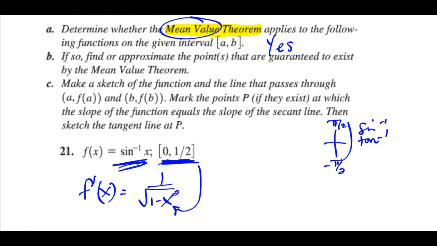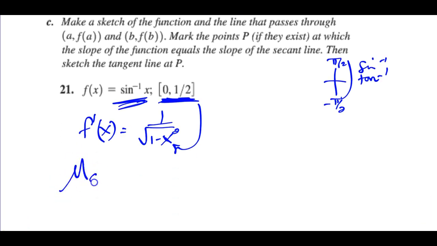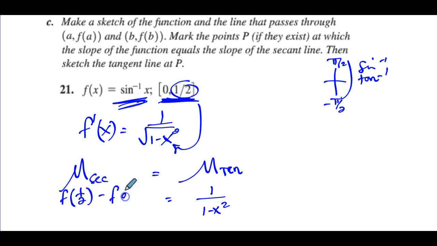So let's go ahead and find the slope of the secant and set it equal to the slope of the tangent. And we already found the slope of the tangent. It's the derivative. But the slope of the secant would be f of b, the ending interval, minus f of a, all over b minus a.